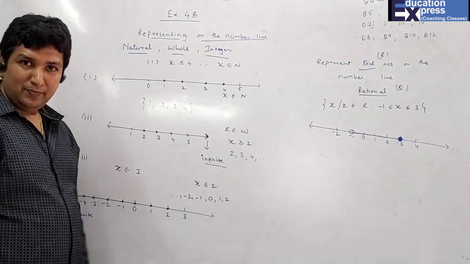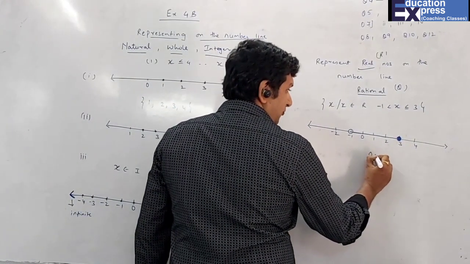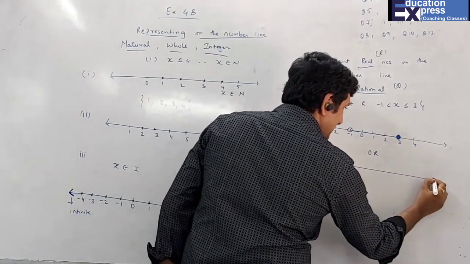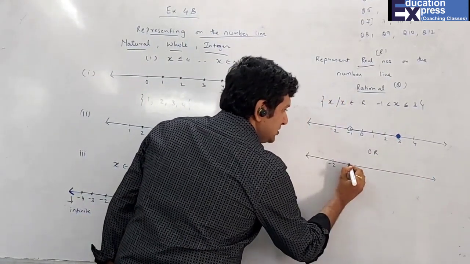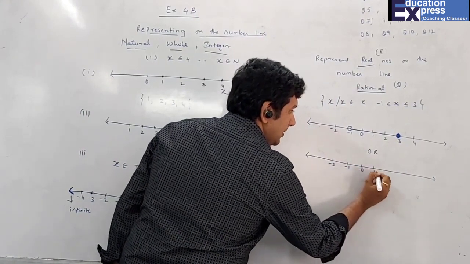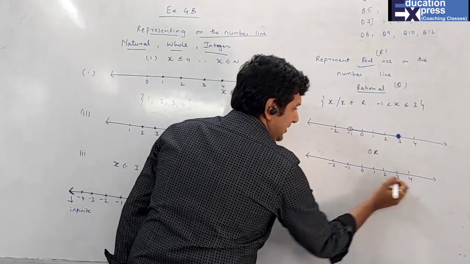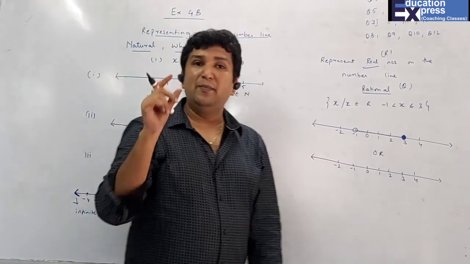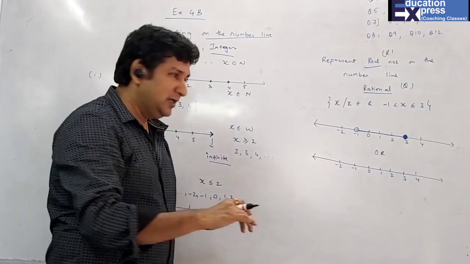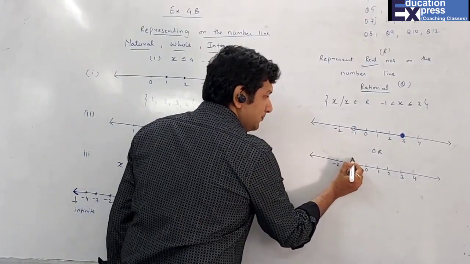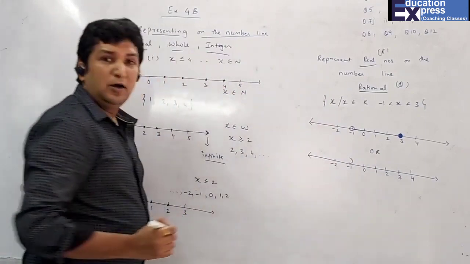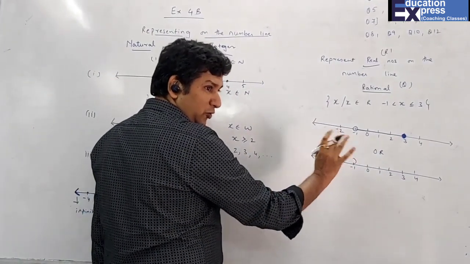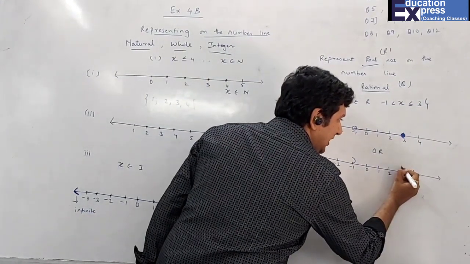This is one way. There is one more way. We will always go for this one, students, but there is one more way to represent. Same question, everything same, just a different way of representing. Instead of using the hollow circle when the number is not included, you can also use a curve line over here, which says that -1 starts without being included, and at 3 we draw a straight line.